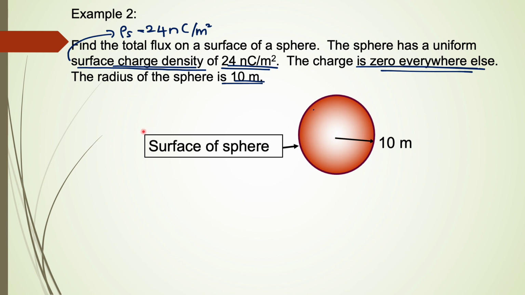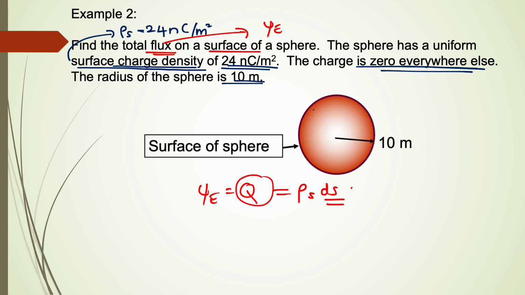And what do we need to find? We need to find the total flux, psi E. So we know psi E is equal to Q, and Q for a surface is rho s dS.